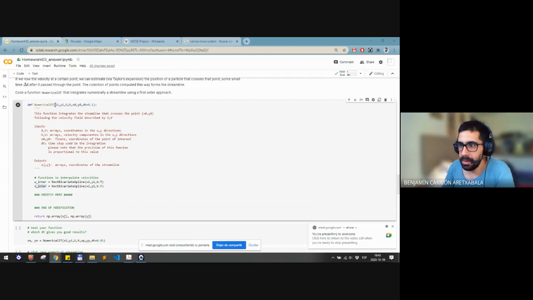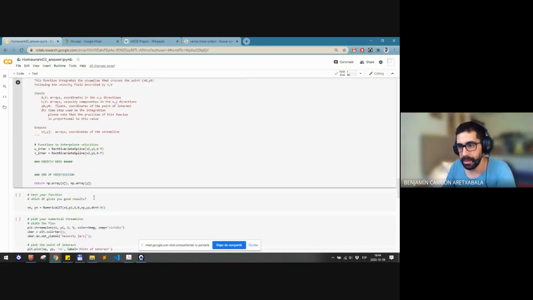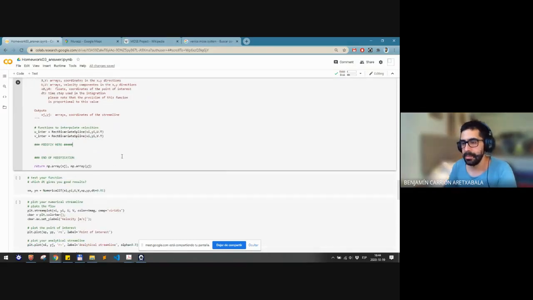So you're given the space where u and v are computed. You're given the coordinates of the point where this streamline has to pass, and you have another parameter which is the delta t.